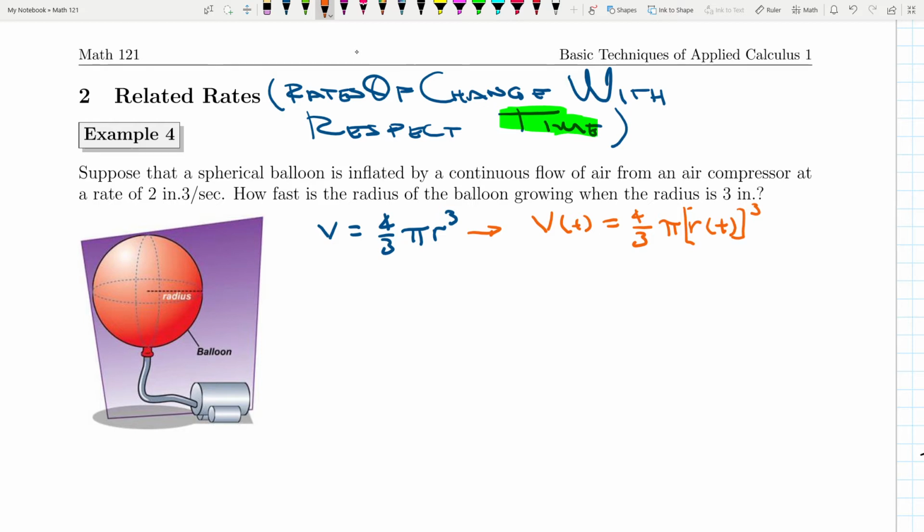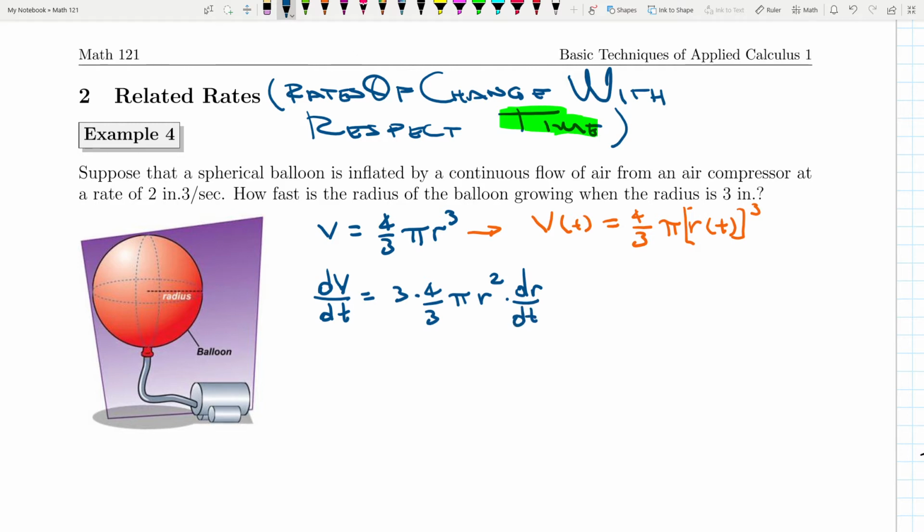So we're going to take the derivative of this volume, so that is dV, but in this case with respect to time. That's going to be 4/3 pi times the derivative of r cubed with respect to time, which is 3 times r squared times dr/dt.